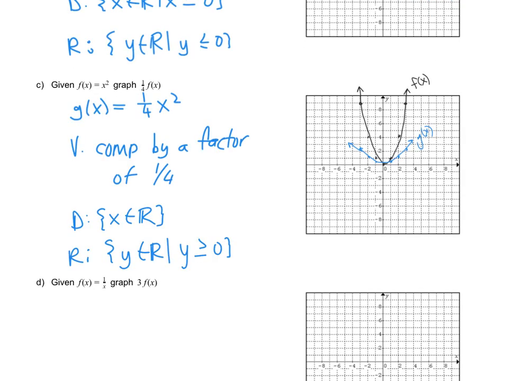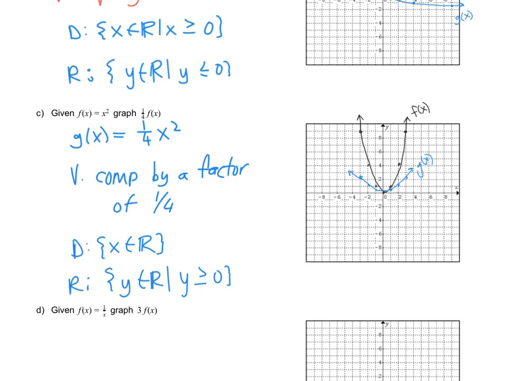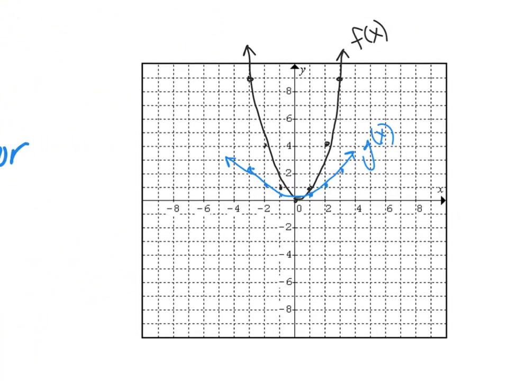All right, so for the actual function, we should have 1/4 x squared, which means we are vertically compressing by a factor of 1/4. So we are hoping that this parabola will be squished and closer to the x-axis. So here is my original parabola, and I have taken all of these key points and I've squished them in.